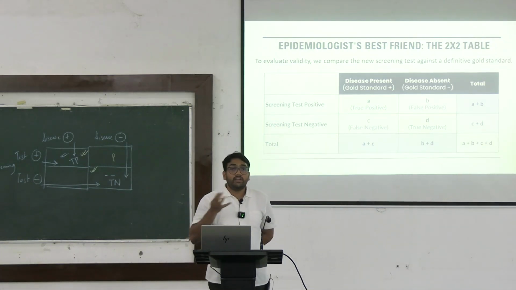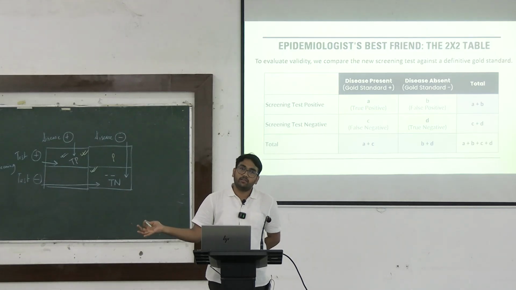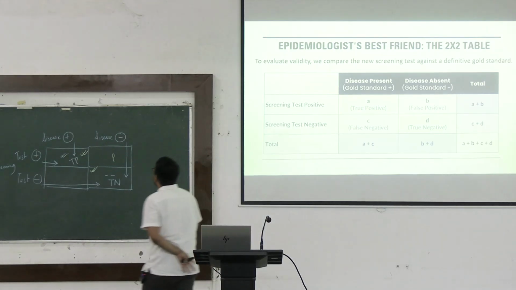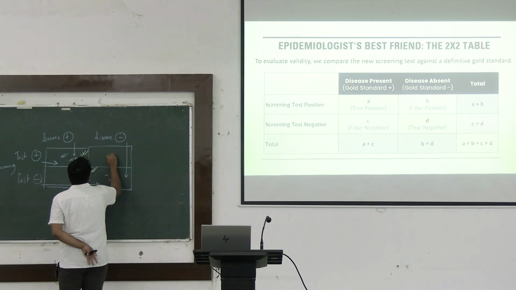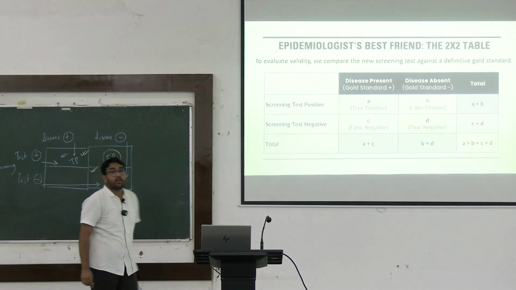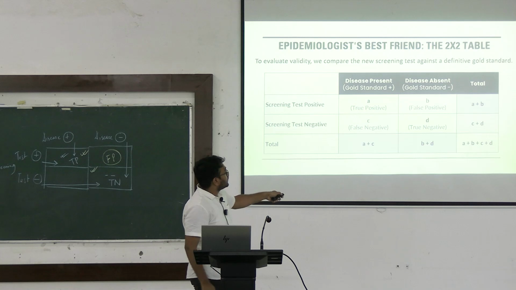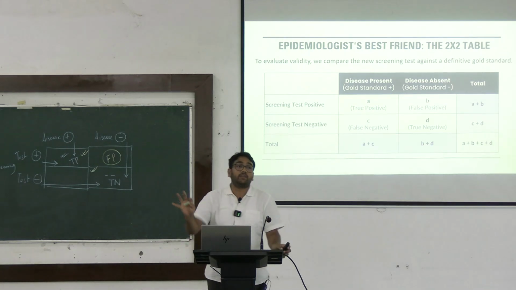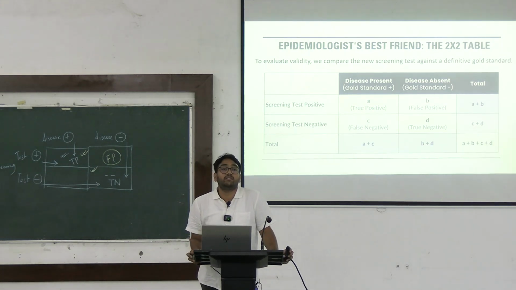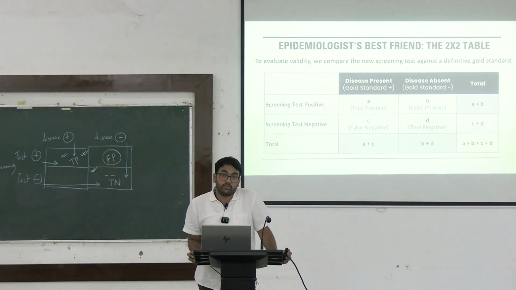No, because in reality they do not have the disease. So this square we call false positive. The square B, disease is really absent, but the screening test by mistake labels them as positive. So this is a problem, false positive.